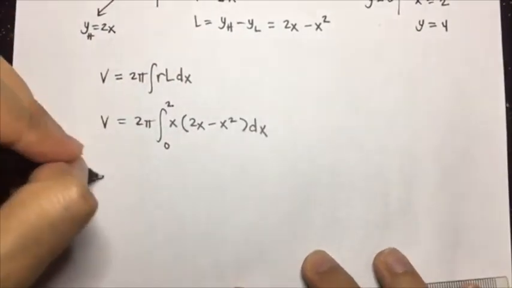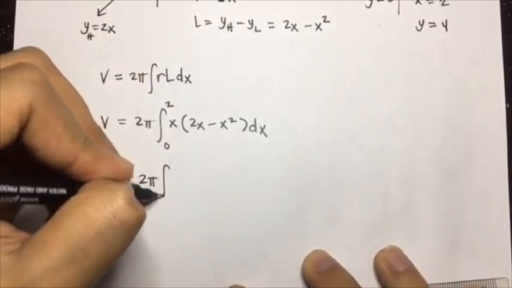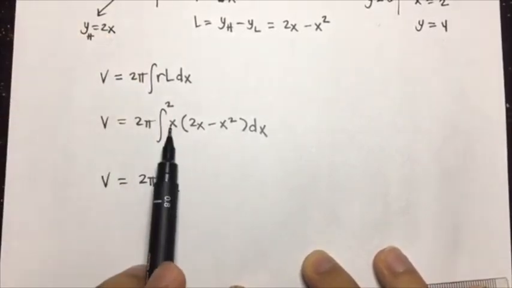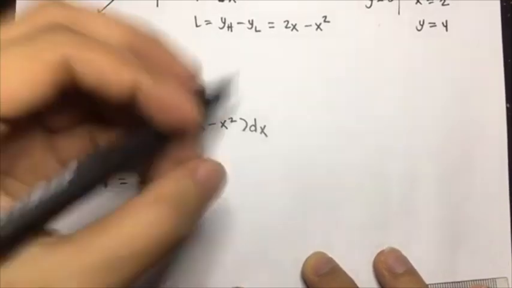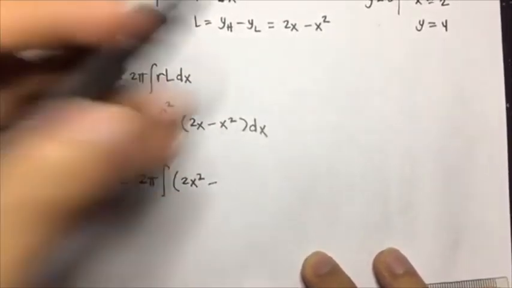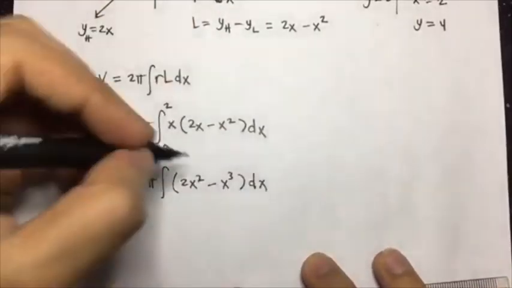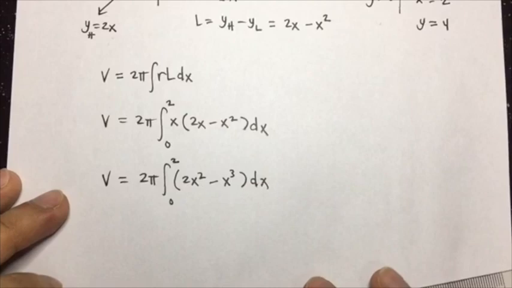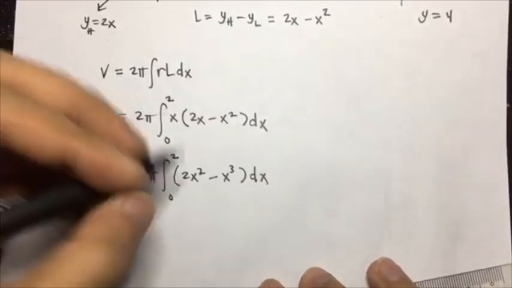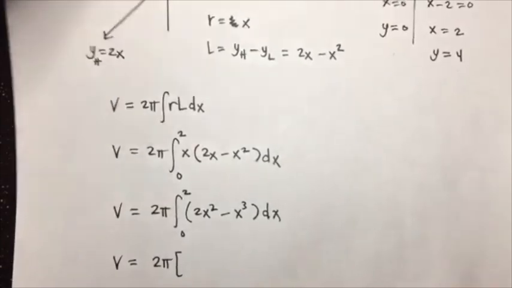Integrating that, V is equal to 2 pi. Simplify first, I distribute first, so we have 2x squared minus x times x squared, x cubed, dx from 0 to 2. So V is equal to 2 pi.